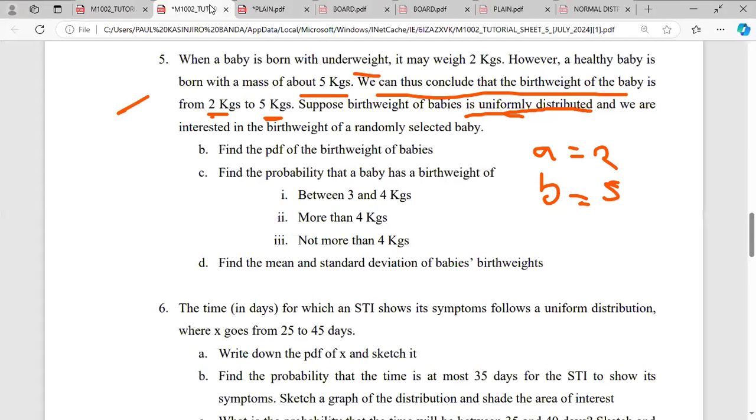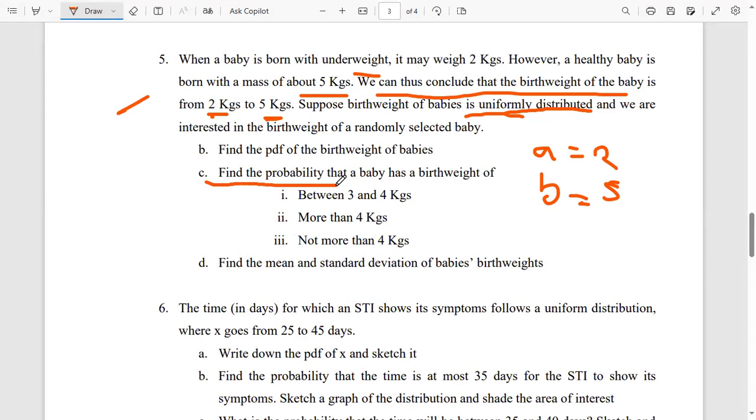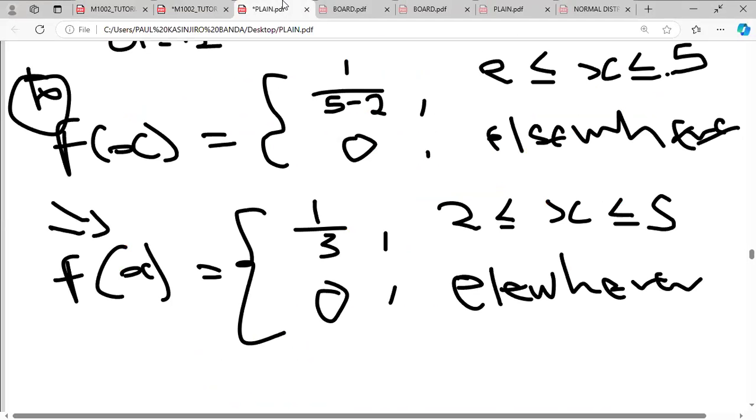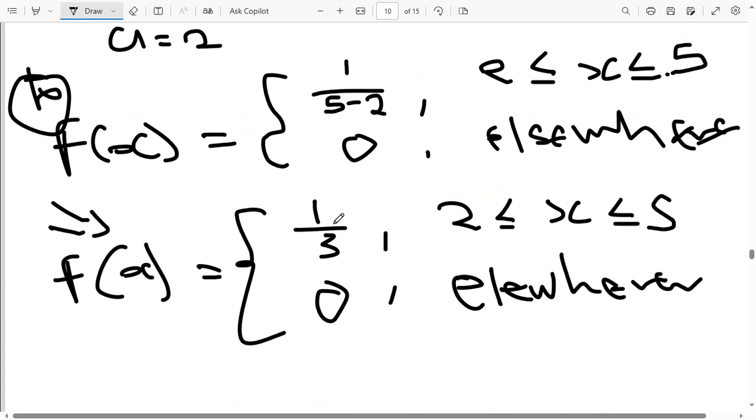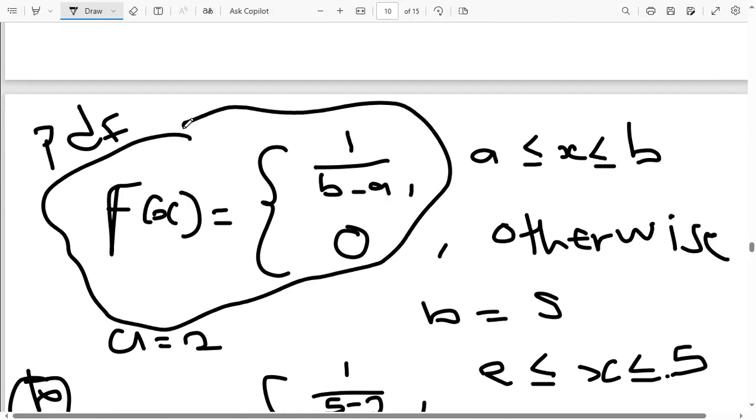Then let's look at the c part. They're saying find the probability that a baby has a birth weight of between 3 and 4 kgs, then more than 4 kgs, and then not more than 4 kgs. So how do we find that? To find the probability, we use the CDF of a uniform distribution. Remember I said the PDF for the uniform distribution is this formula here, so you just have to know the formulas.